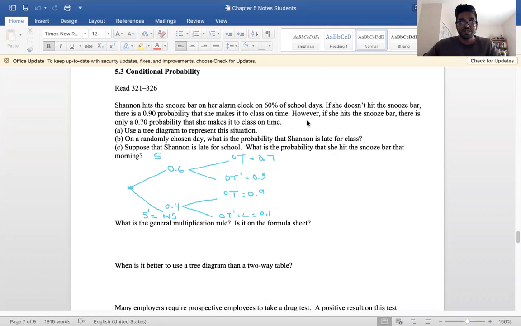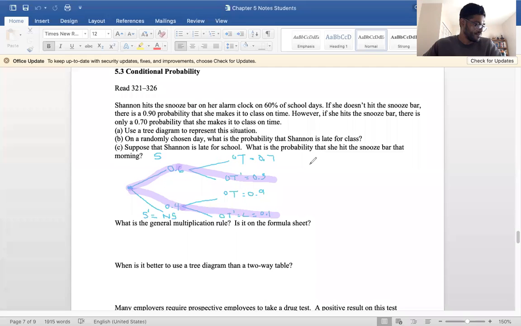The first question is: on a randomly chosen day, what's the likelihood that she is late for class? Again, the reason tree diagrams are nice is because I just need to follow these branches. I'm going to take this branch and this branch, where she's late in that scenario, and then this branch and this branch. When you want to figure these out, all you do is multiply across.